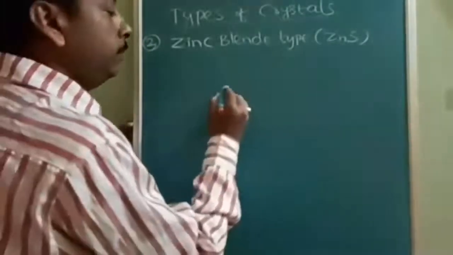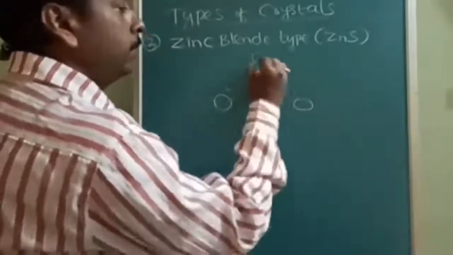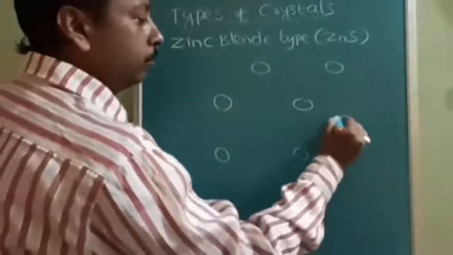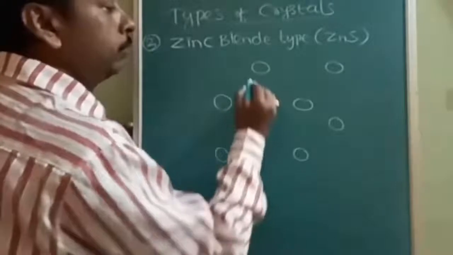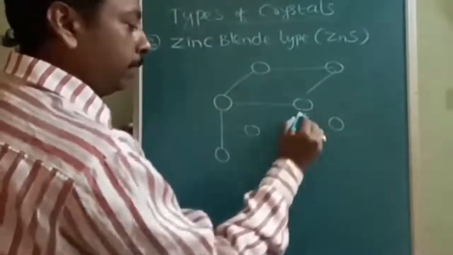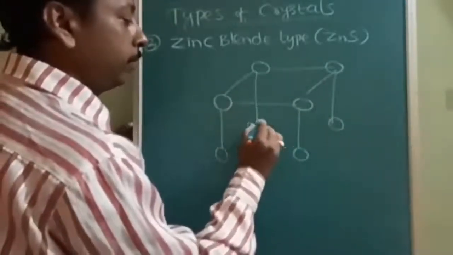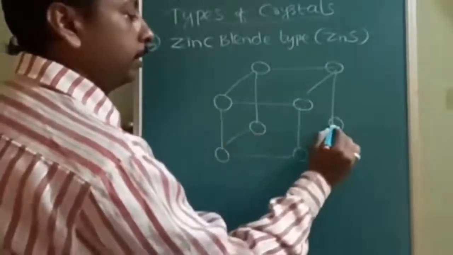In the ZnS type, what should be the first structure? It should be of S2 negative. The lattice is formed by S2 negative. So this is the simple cubic lattice, but in the points I told you, it forms an FCC lattice.